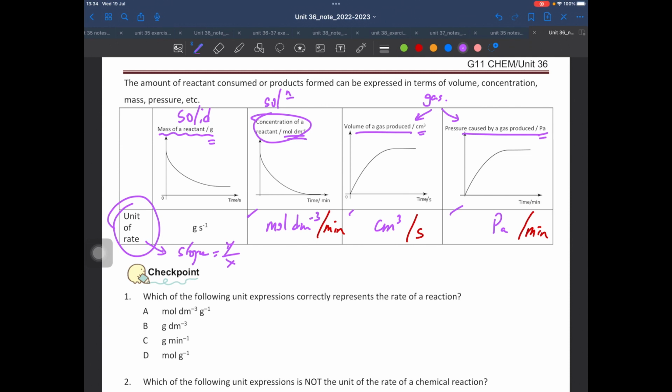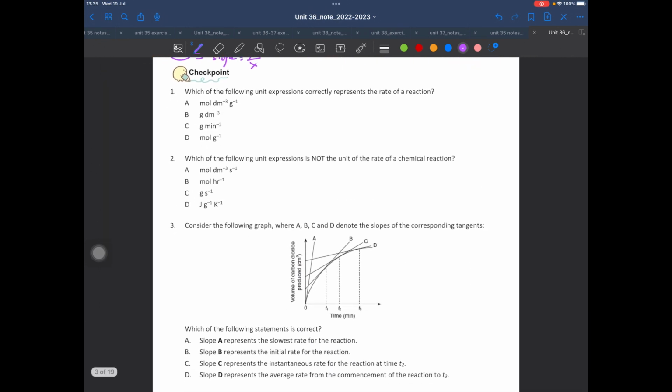And here is the answer. All of them are y over x: mole per dm cube per minute, cm cube per second, or Pascal per minute. So you can see it depends on the reaction rate. You can use seconds, minutes, or even hours, days, months, or years for your time scale.